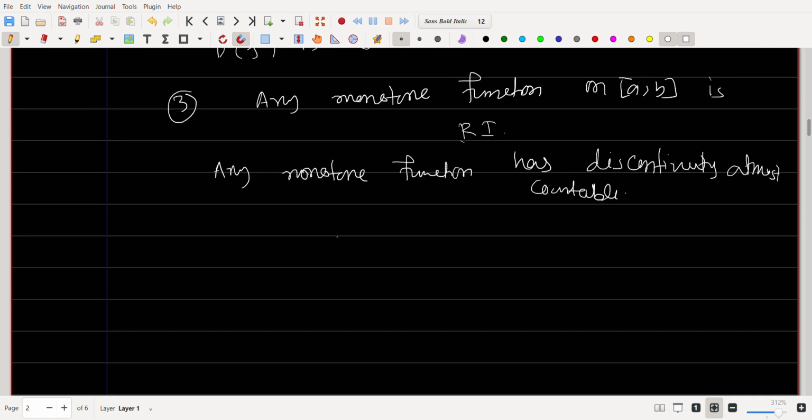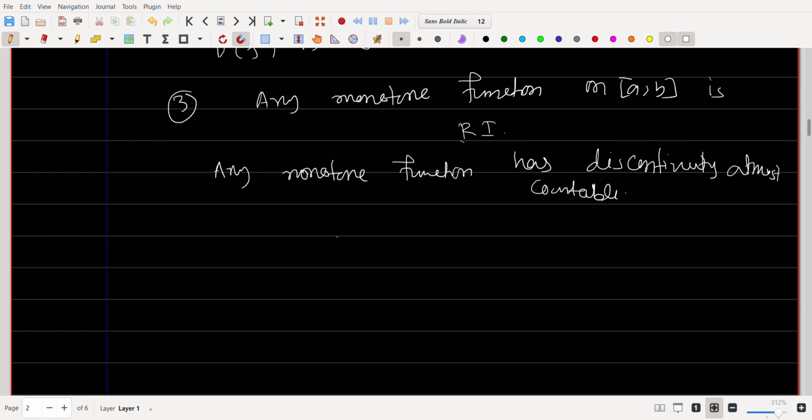So the natural question is: does there exist a function whose set of discontinuities is uncountable but which is still Riemann integrable? Or in other words, does there exist a subset of R which is uncountable but a null set?